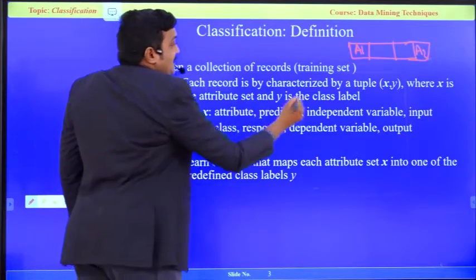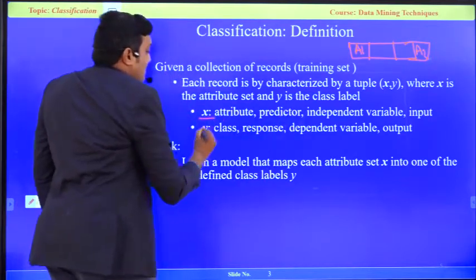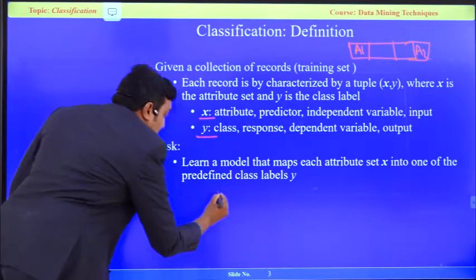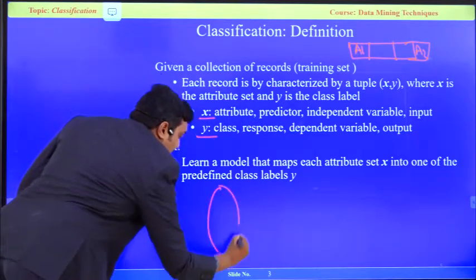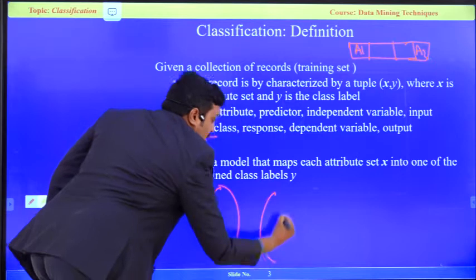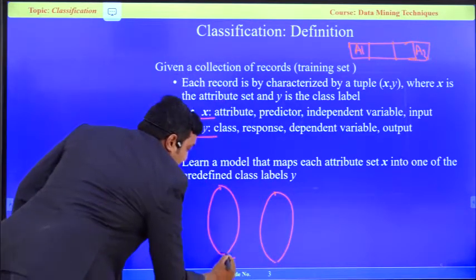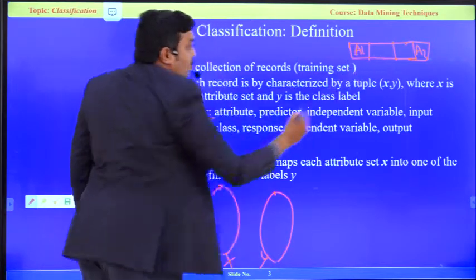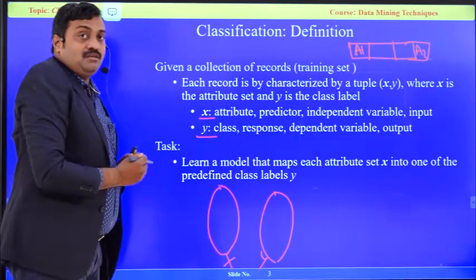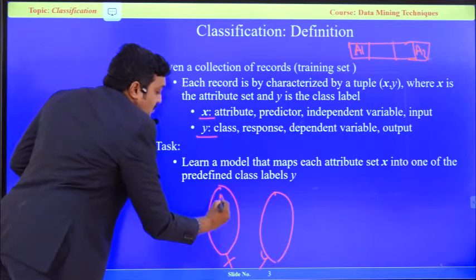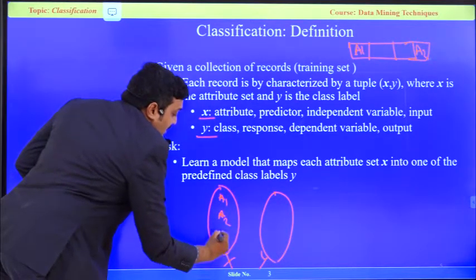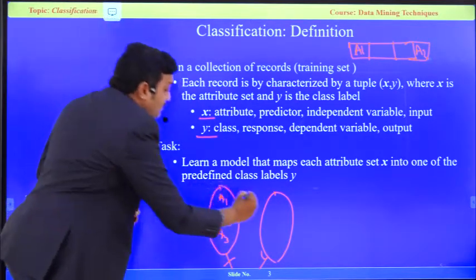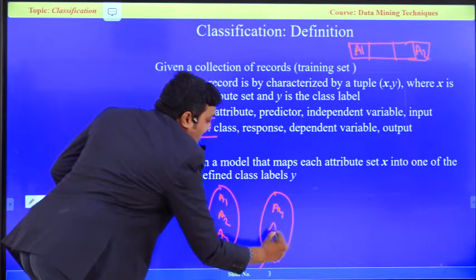One set is X and another set is Y. That means the total record is divided into two sets. All these A1 to AN are classified into two sets. Suppose A1, A2, A3 are X and A4 and A5 are Y.